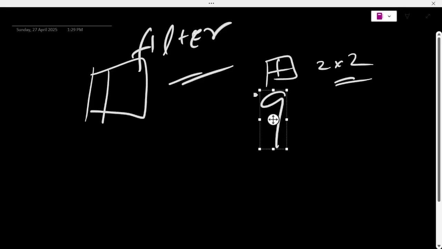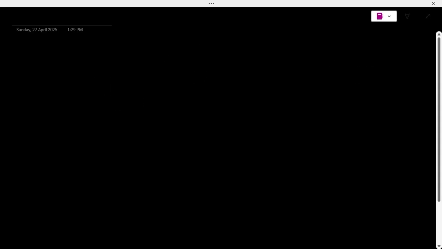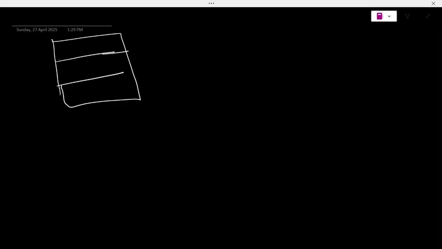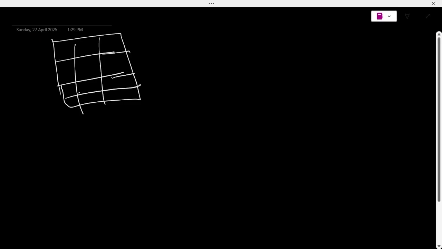Let's clear this out. Consider this an image grid for the number 9. It will look like: minus 1, minus 1, minus 1, minus 1, 1, 1, 1, 1, 1, 1, minus 1, minus 1. If you combine all the 1s together, it will form a 9. See, this is the number 9. This is how images are distributed as pixels.